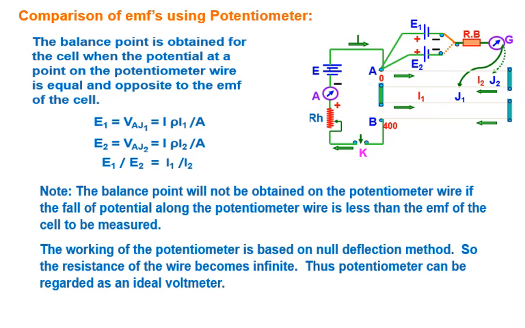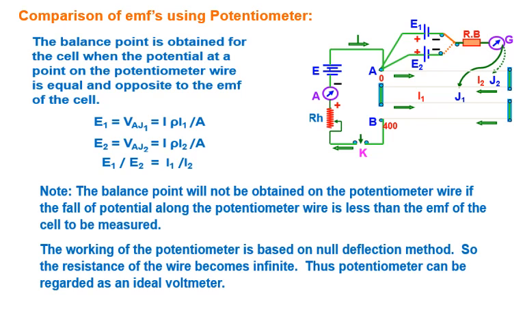A high resistance R is inserted in the circuit from the resistance box to prevent excessive current flowing through the galvanometer. As the plug is inserted, the cell of EMF E1 gets introduced in the circuit and the jockey J is moved along the wire AB till the galvanometer shows no deflection.